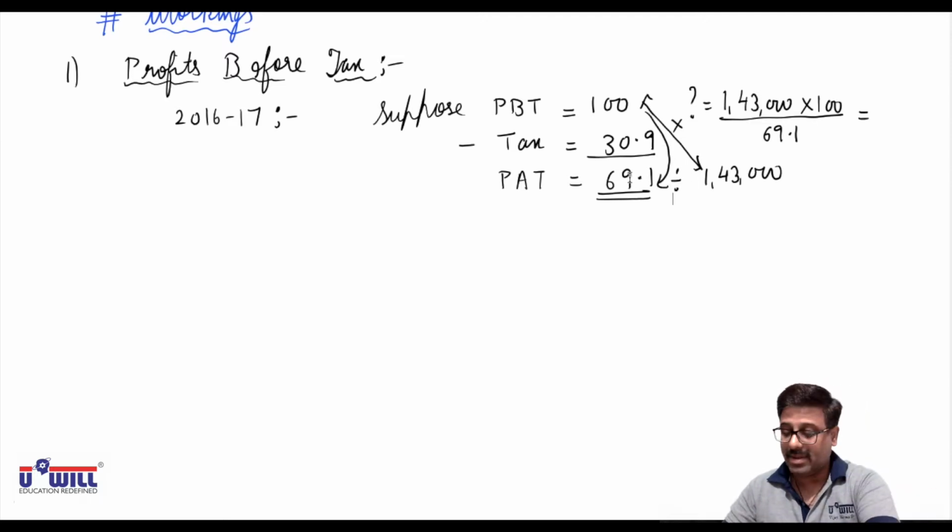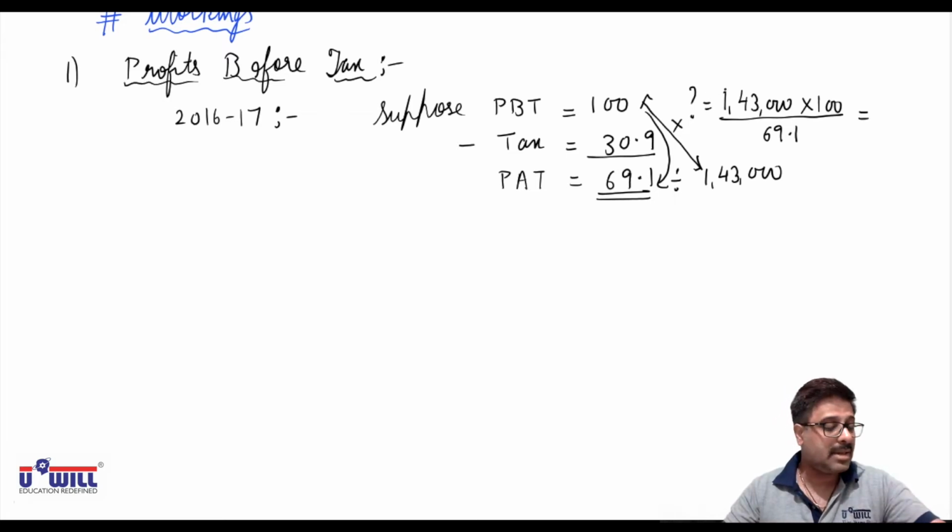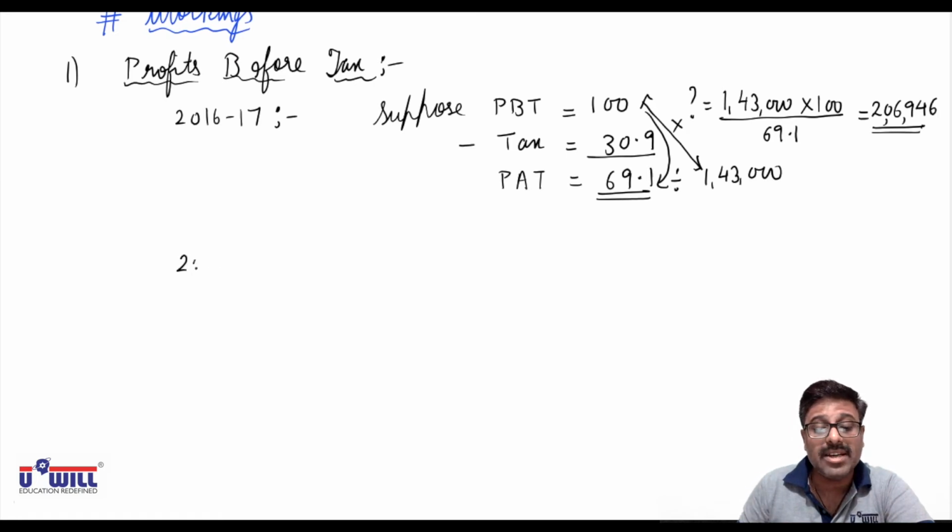So check it up everyone. 1,43,000 into 100 divided by 69.1 is 206,946. In the same way we can find for 2017 to 18.